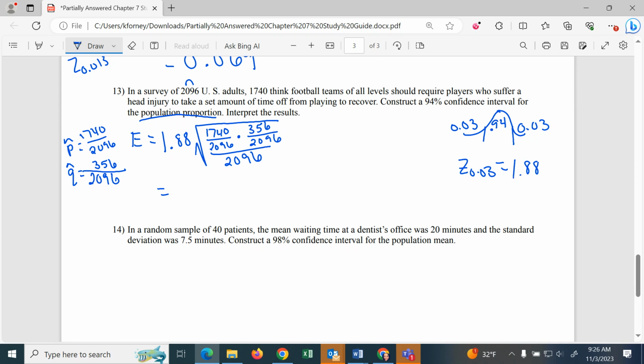Okay, and we get, for a margin of error, 0.015. So for our P, we do our P minus the margin of error, and then the probability plus the margin of error.